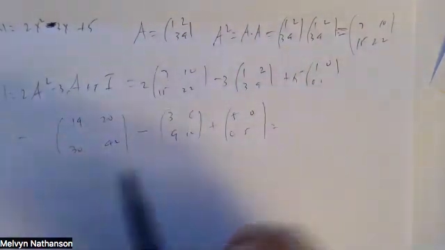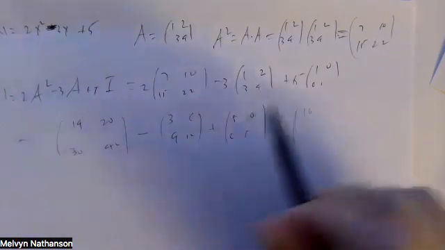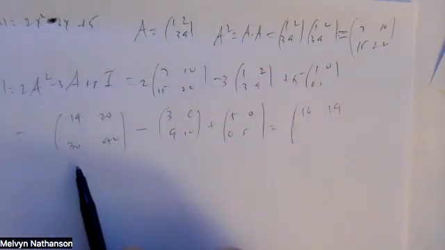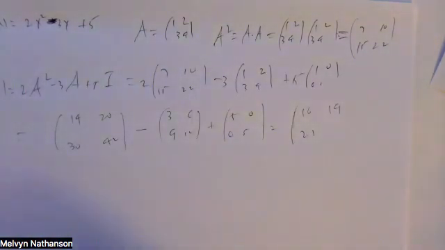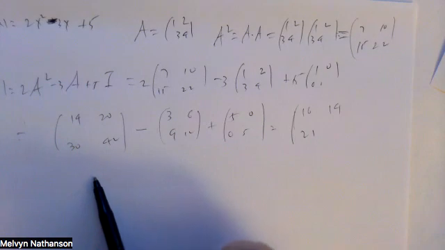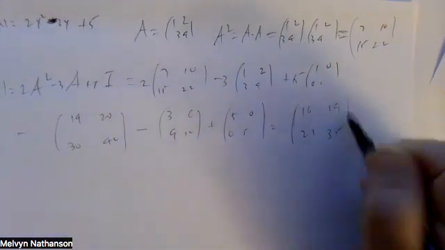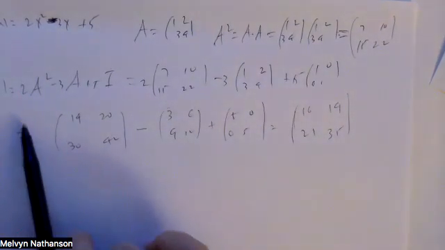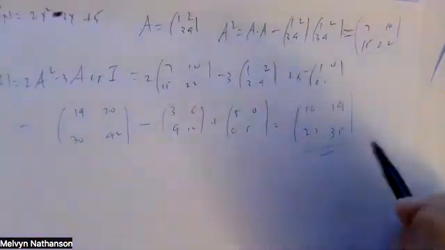So when we add coordinates, we get what? 14 minus 3 is 11, plus 5 is 16. 20 minus 6 is 14, plus 0 is 14. 30 minus 9 is 21, plus 0 is 21. And 42 minus 12 is 30, plus 5 is 35. So when we evaluate this quadratic polynomial at A, we get this matrix.